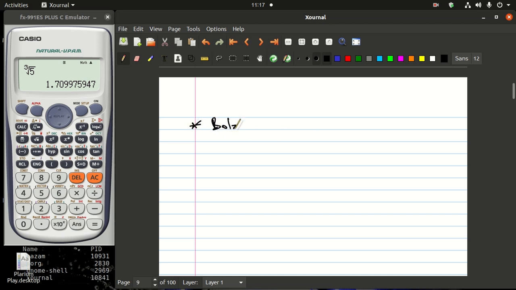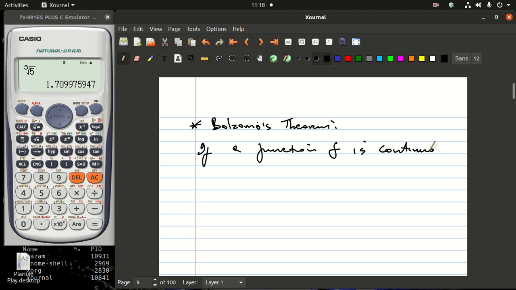Let's go to Bolzano's theorem. Bolzano's theorem is actually the application of the intermediate value theorem. What Bolzano's theorem is saying is this: if I have a function f, and this function f is continuous on a closed interval, and I'm going to call this interval AB.